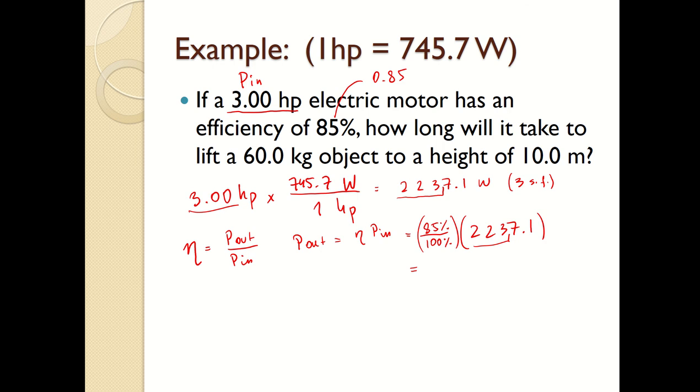So let's see what we get. 0.85 times the 2,237.1, we get 1,901.5 watts. Now, the answer should be rounded to just 2 sig figs here because of the 85% efficiency, which is 2 sig figs. All right, so now we know power out.